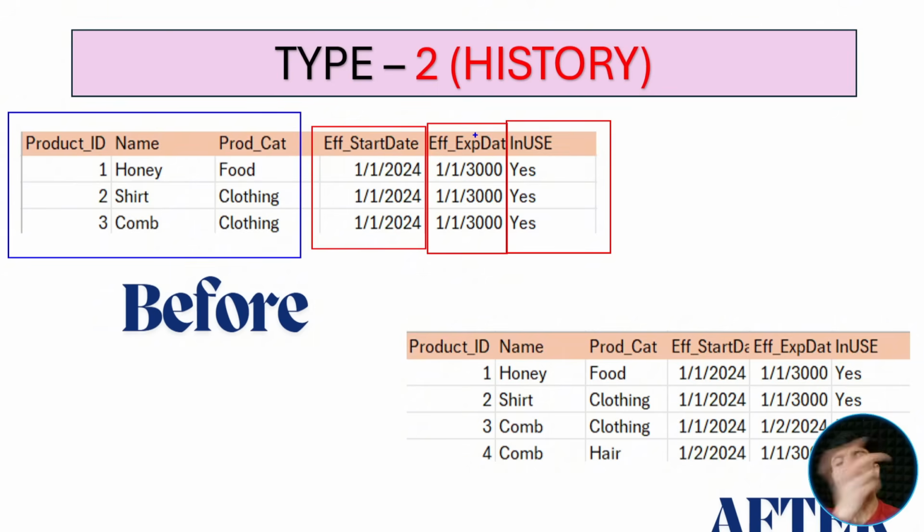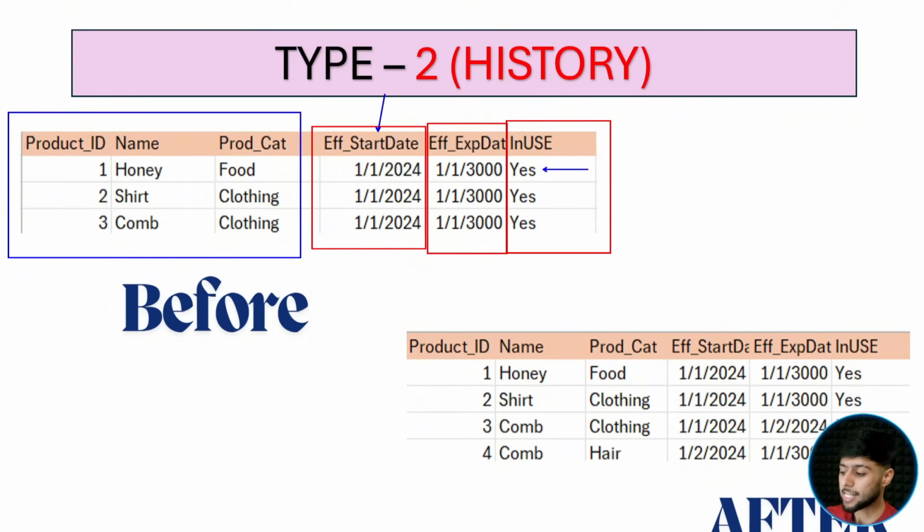So what is the expiry date? Our expiry date is a very huge date because this product is not getting expired. Make sense, because these are in use. It is saying yes, that means the expiry date is in 3000. It is not expiring. But now we know that we have made a change.